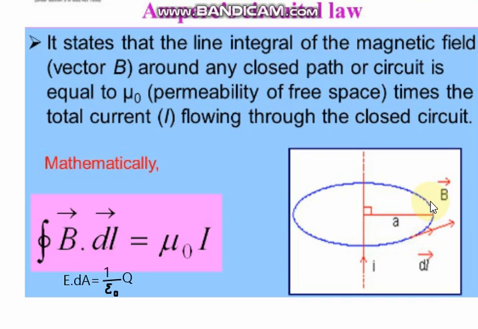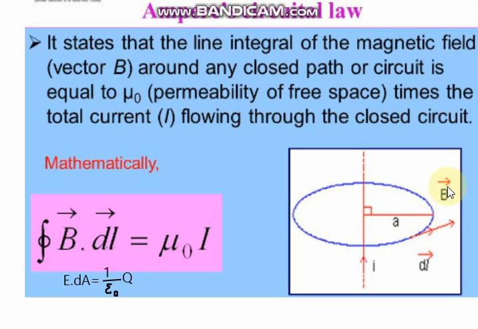If we consider the closed path also in the form of this ring, and divide the ring into small length elements, each equal in size and having length dl, then dl at any point is tangent to the circle, and B is also tangent to the circle at that point.